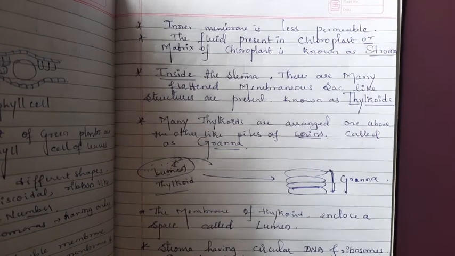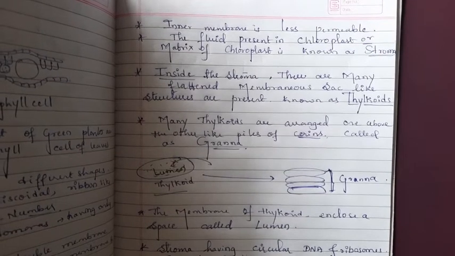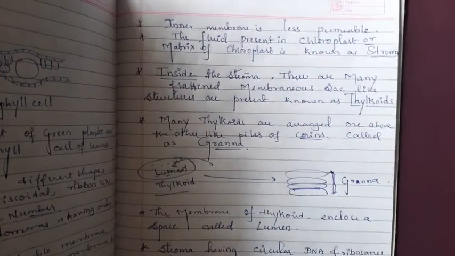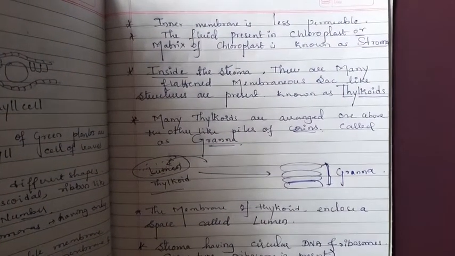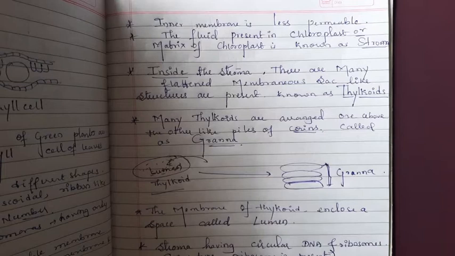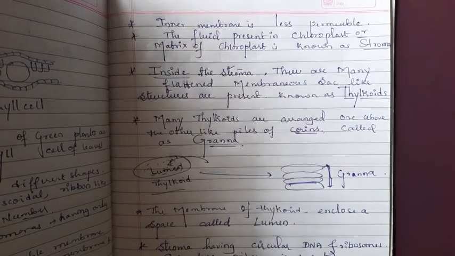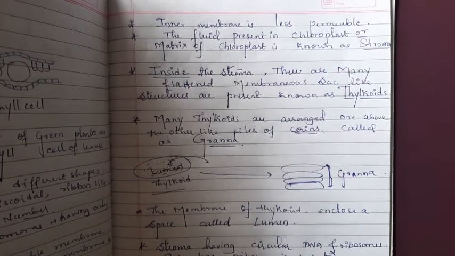Okay, then inside that stroma, there are many flattened membranous sac-like structures present, known as thylakoids.